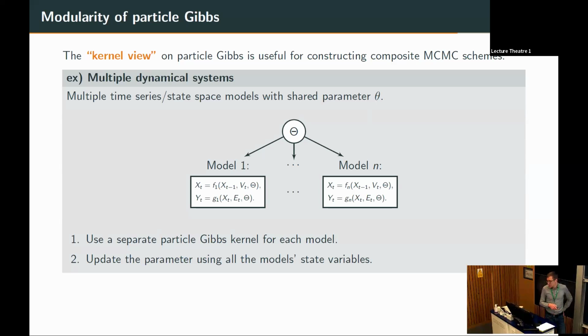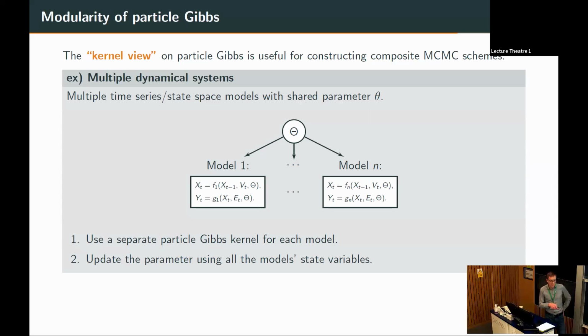So for instance, if you have multiple dynamical systems that share parameters in some way, then you can easily apply particle Gibbs to this by just designing a kernel for each system or model separately. You update the X values here using a particle Gibbs kernel, you update the X values here using another particle Gibbs kernel, and then you can just combine the outputs from those to make a joint update of the shared parameters.